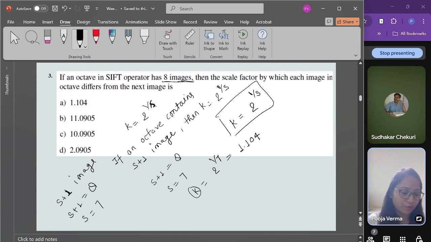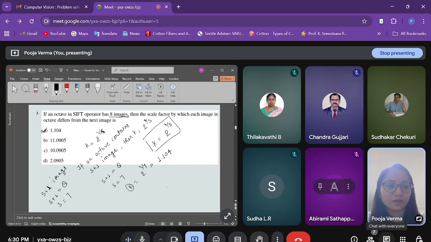Okay, so have you calculated? So no one is interested to calculate these values.